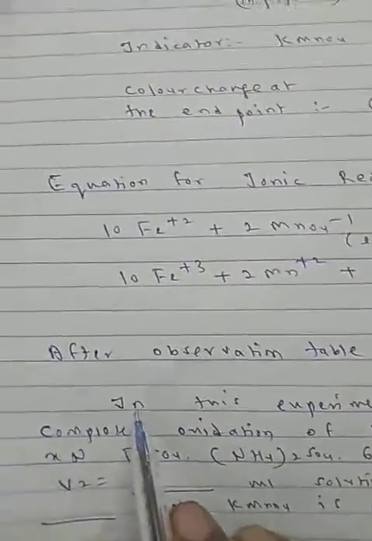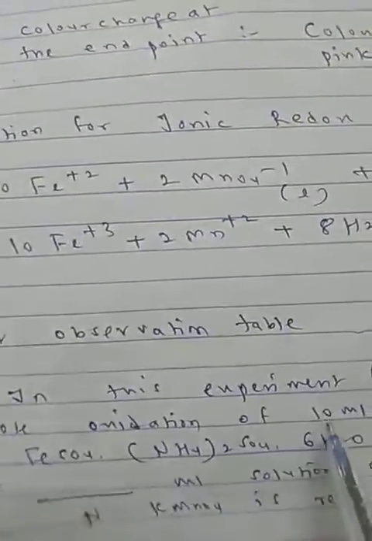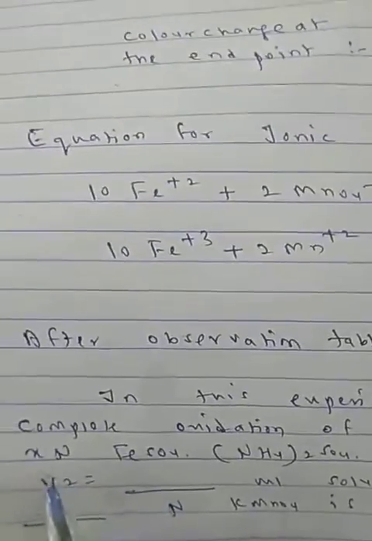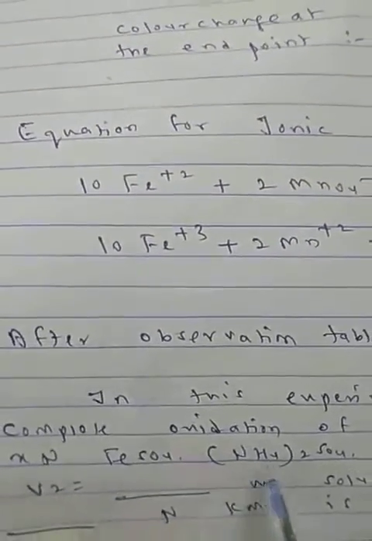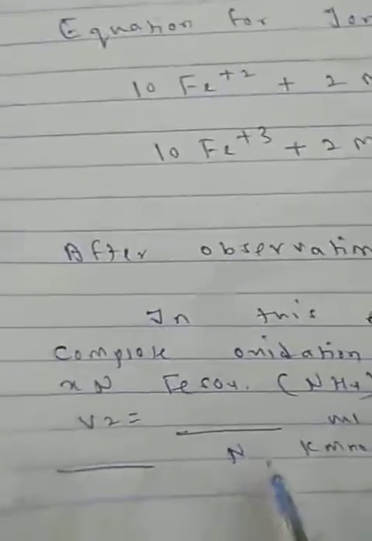Okay. On this page you have to write: in this experiment, for the complete oxidation of 10 ml X normal FeSO4.(NH4)2SO4.6H2O, V2 is equal to dash ml solution of dash normal KMnO4 is required.